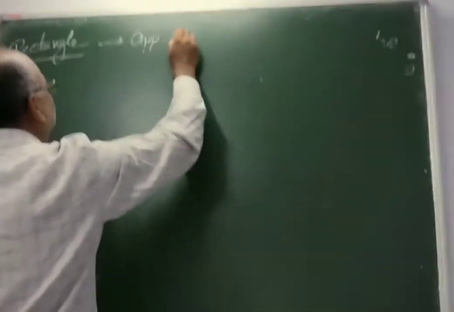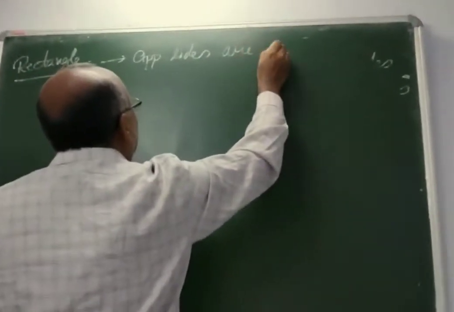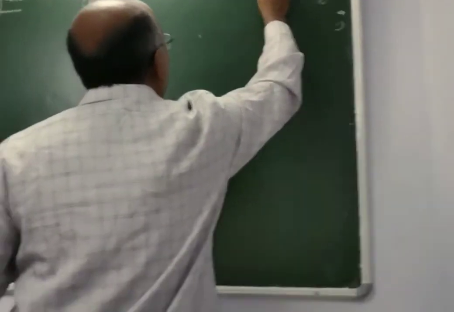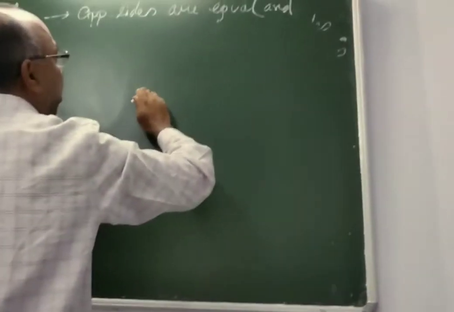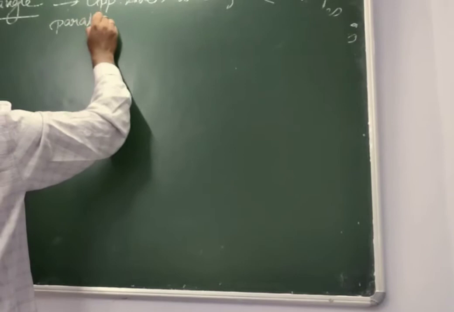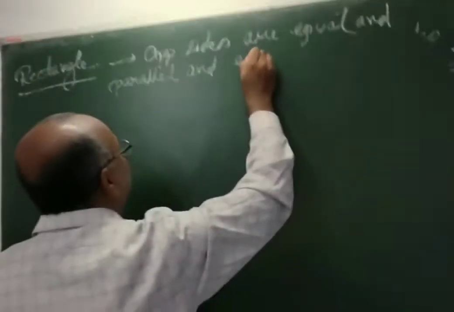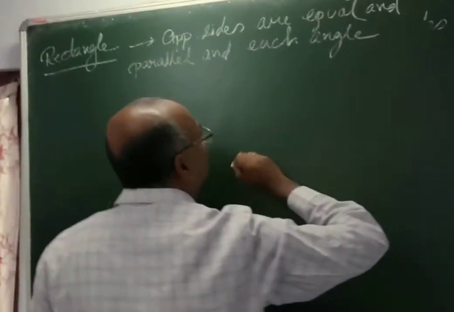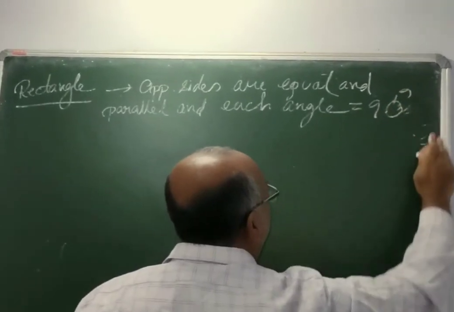In a square all sides are equal; here opposite sides are equal and parallel. Plus one more thing, each angle is equal to 90 degrees.